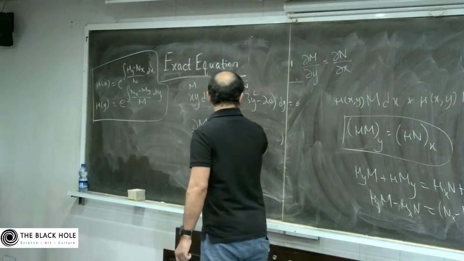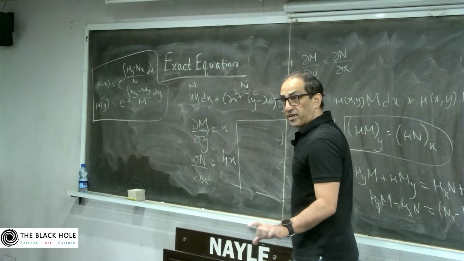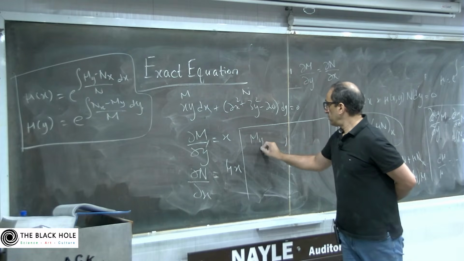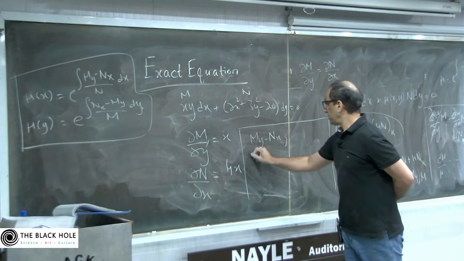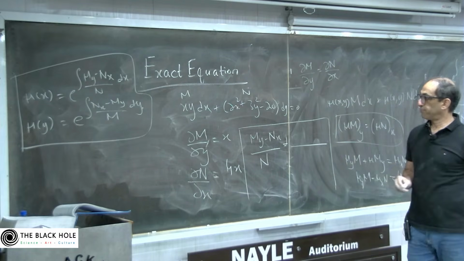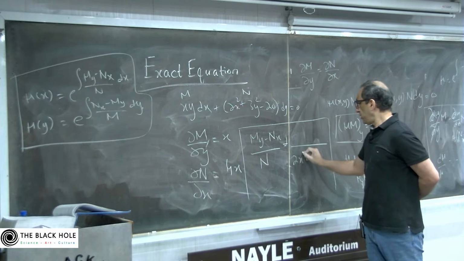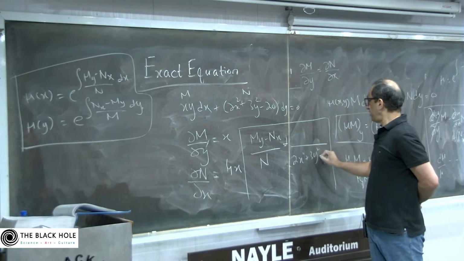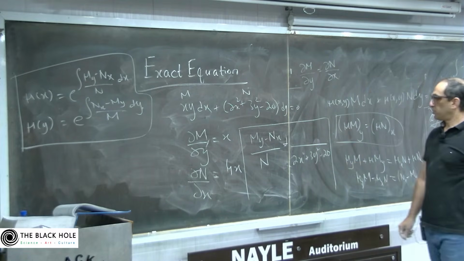Let me show you. Because how many of you have ever done it, by the way? Okay, good. So not many. Worth doing it. My minus nx. So what is my n? 2x square plus 3y squared minus 20.